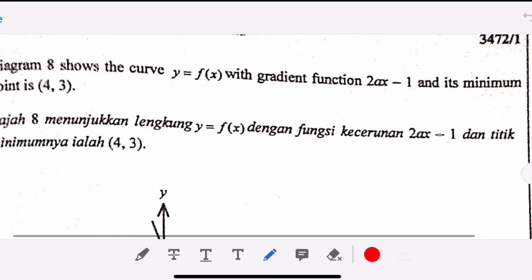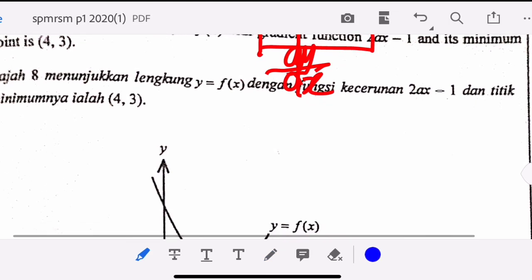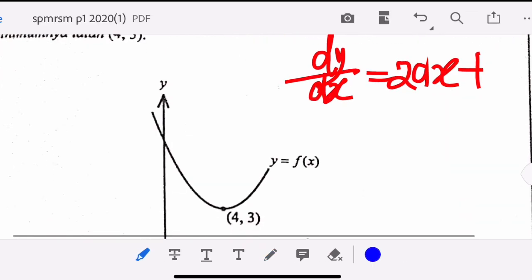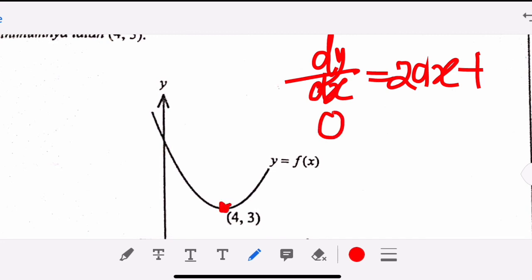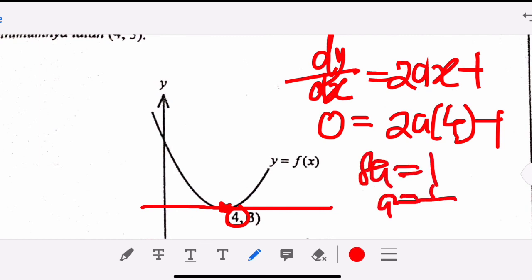For this question, whenever you see a gradient function, immediately you write dy/dx. When you see dy/dx given and there is a turning point, maximum or minimum, you can use the fact that the gradient of the tangent at the turning point, or the lowest point, is always 0. You plug in x = 4 into 2ax minus 1, so you will get 8a = 1, and a is 1 over 8.